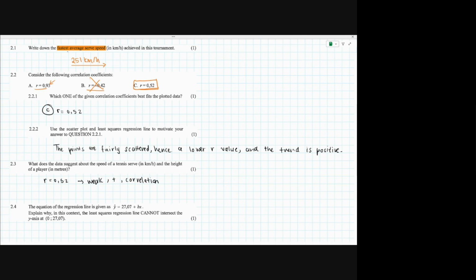So what we're saying here is that height could have an influence on serve speed, but it is not a strong relationship.